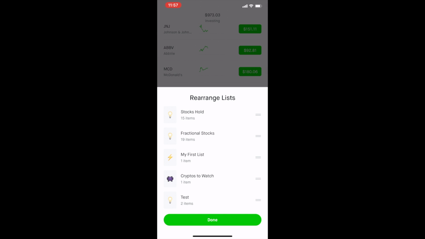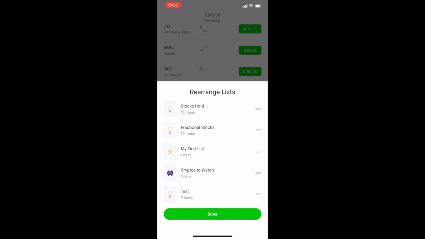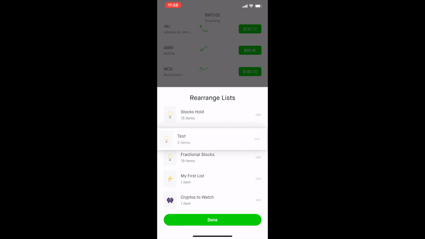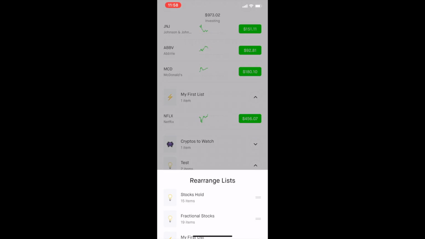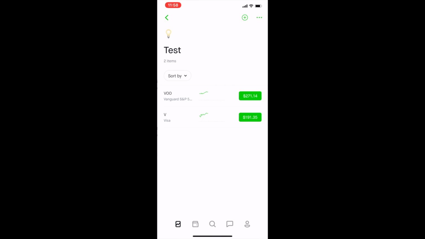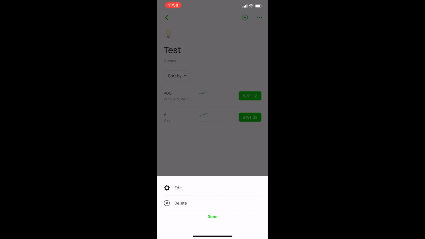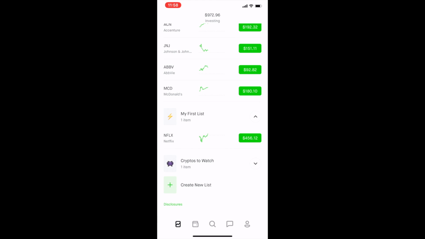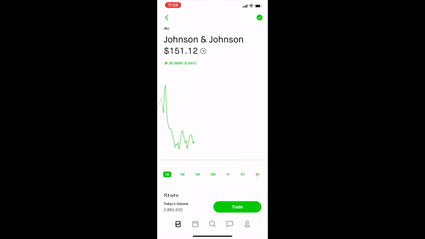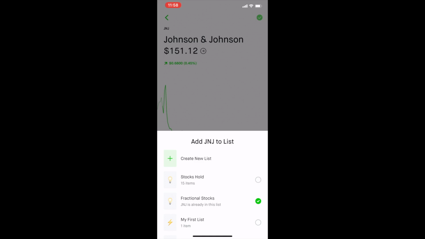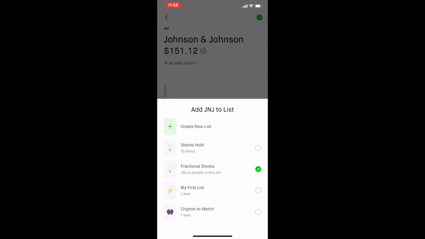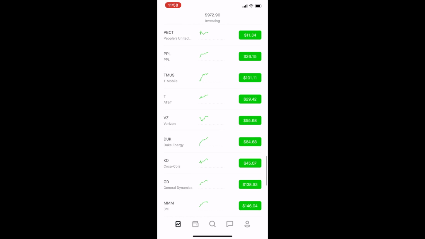And you can also rearrange your list. If you hold on the list, you can move it around to wherever you want it listed. If you want to delete one, you can go up there and hit delete. If you're in any stock, you can hit the little check mark up here, and then you can move it to any of your lists or have it in multiple lists.